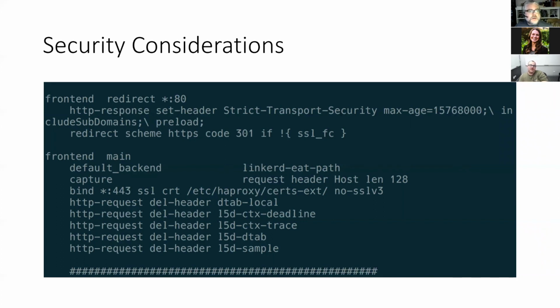All of our requests basically go through a single HA Proxy cluster of X number of servers, and then it's passed off on localhost to Linkerd, which then routes downstream to other Linkerd nodes in the system.